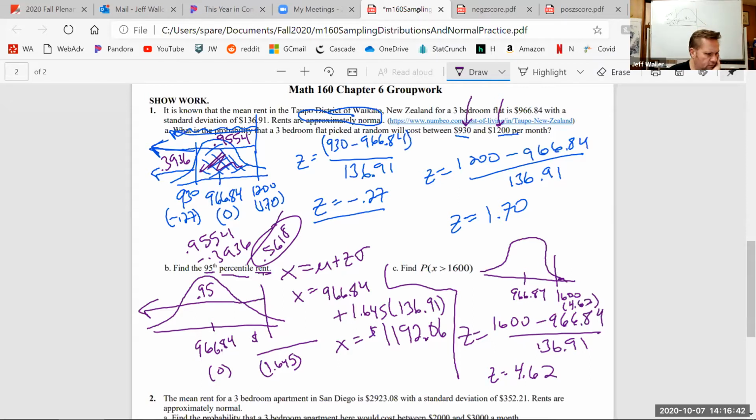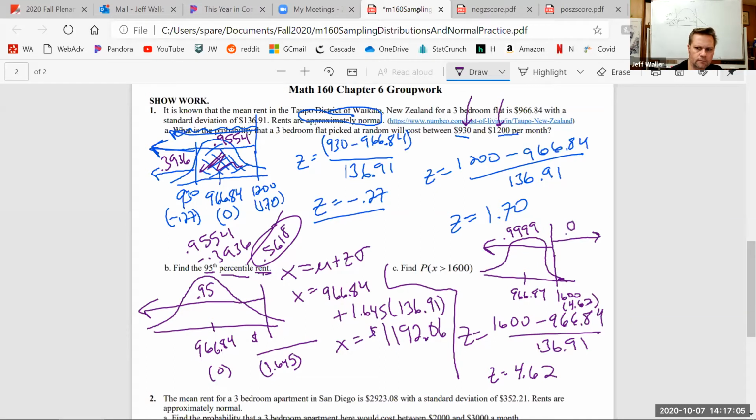Anybody? And what's the chart say? It says that for 3.50 and up, it's 0.999. Yeah, so officially you could say, so what would the answer be then by the book? What's this side?